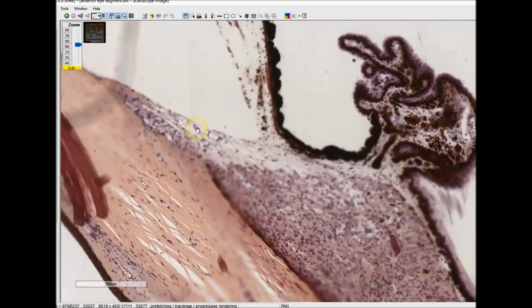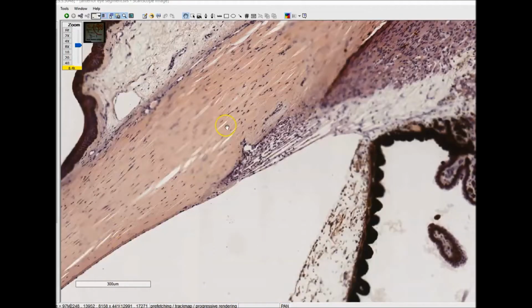And it has these kind of meshwork fibers, which unfortunately are out of focus on this side. So let's buzz over to the other side. Here we go. This example of the trabecular meshwork on the other side of this specimen is much more in focus, so we'll take a look at this.